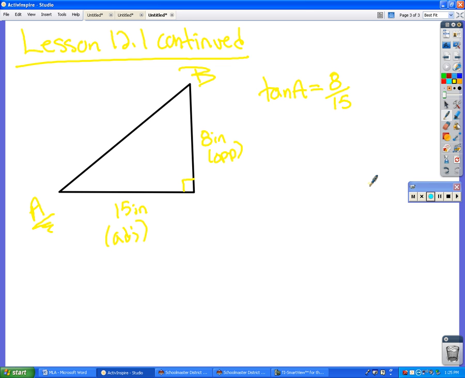Okay, so that's just the exact same thing that we were doing yesterday, right? What's different is what we're going to tack on with it today is that, like I said, there's only one specific angle that has that as the tangent ratio. So in the same way that we can look up and find out what the tangent of an angle is, we can look up what the angle is that has that as its tangent.